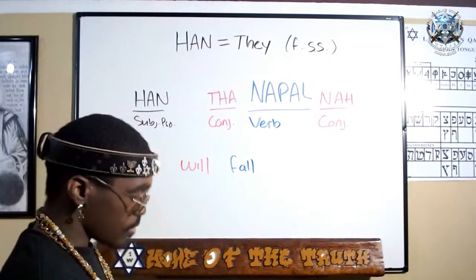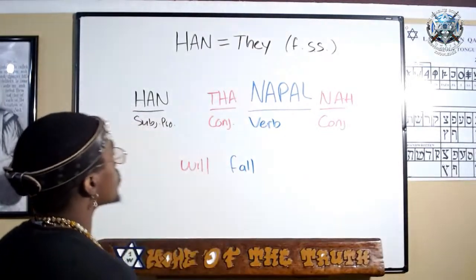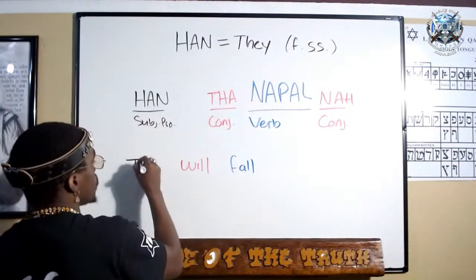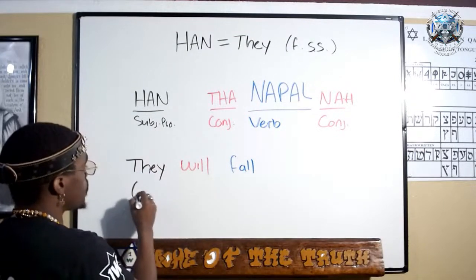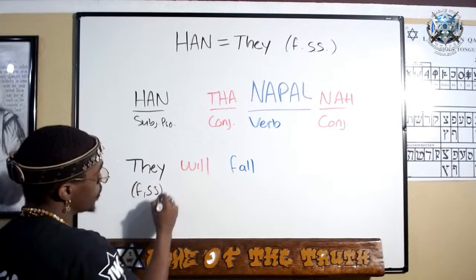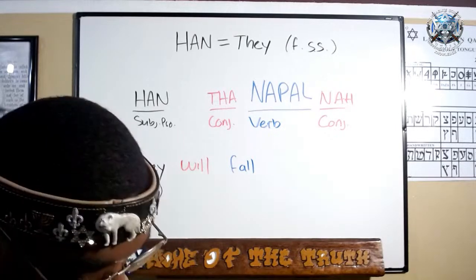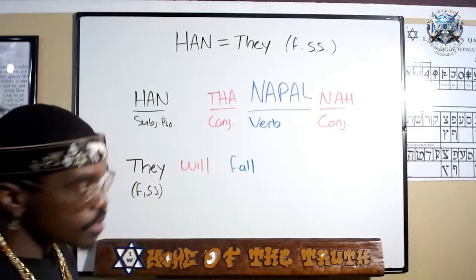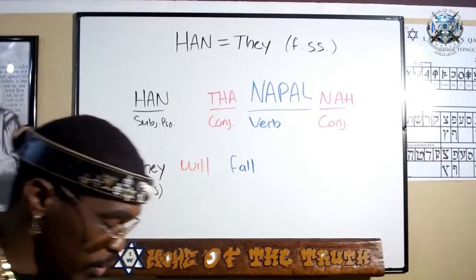Okay, so now this becomes they, feminine, subservient, will fall. Okay, hun tha Nepal na, they will fall.